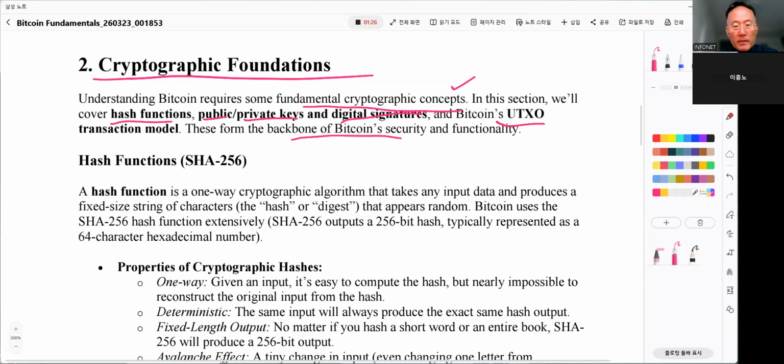And then I will also talk about operational code, OP codes, and these are the set of instructions Bitcoin uses.